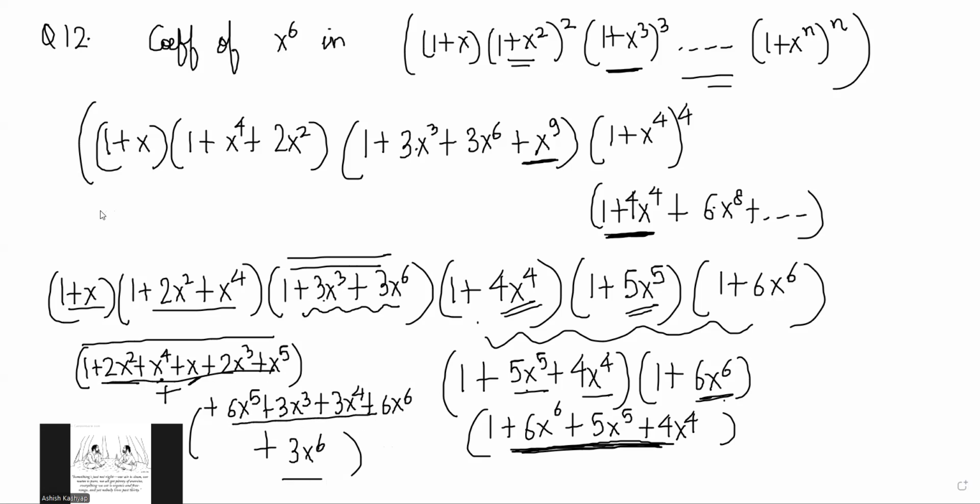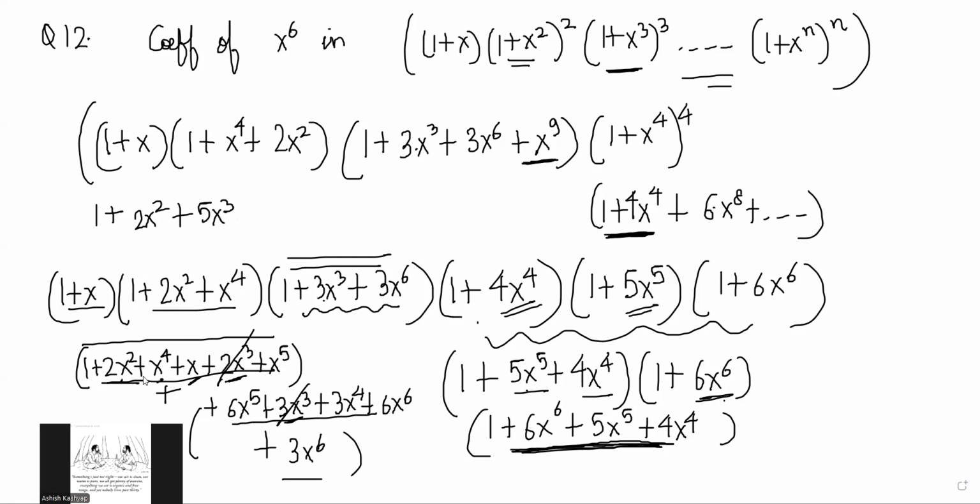So we will end up with 1 plus x square is here. There is no other x square. So you get 1 plus 2x square. X cube is here, 2x cube, and 3x cube is here. So you get 5x cube, right? How did I get a 3x cube? 3x cube into 1. Right. So you get a 5x cube.